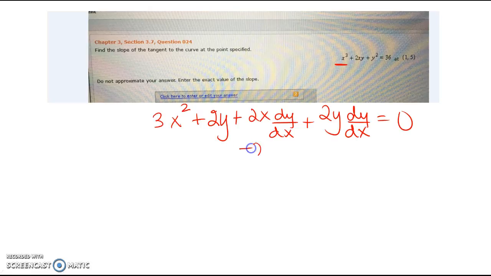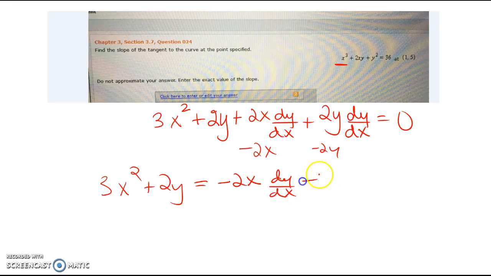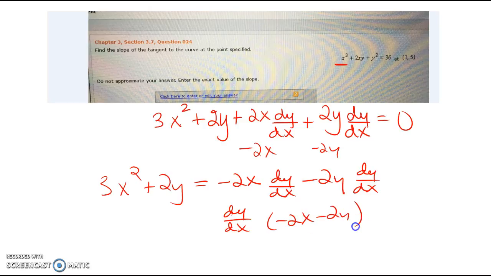So let's subtract this over and this over, right? 3x squared plus 2y equals negative 2x dy/dx minus 2y dy/dx. Factor out the dy/dx: negative 2x minus 2y. And then divide by negative 2x minus 2y.